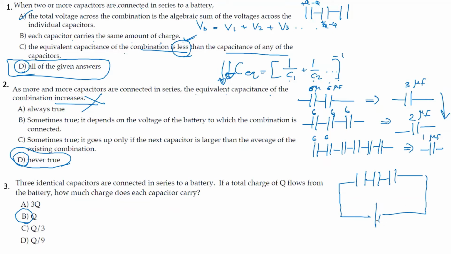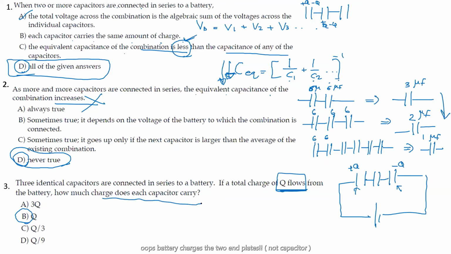We know the capacitor only gives charges to these 2 plates, Q, Q. So that is what is meant by this. If Q goes out from the battery, how much charge does each capacitor carry? It's also the same as Q, right? All the capacitors get the same charge. So your answer is Q.